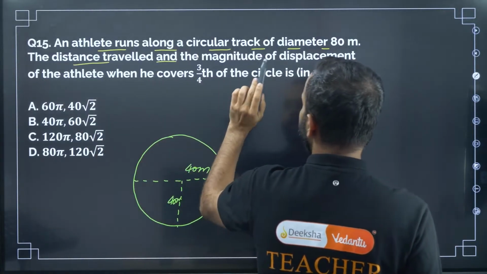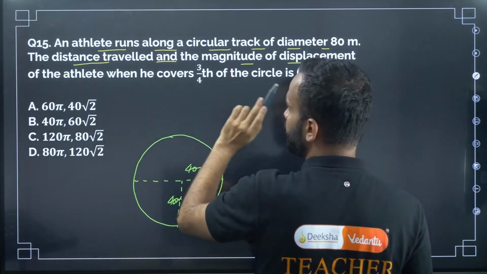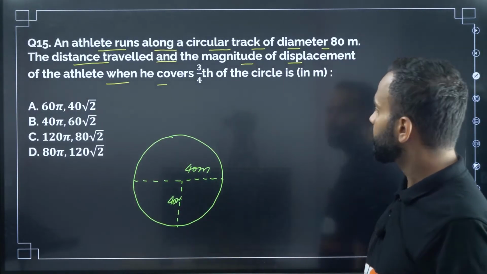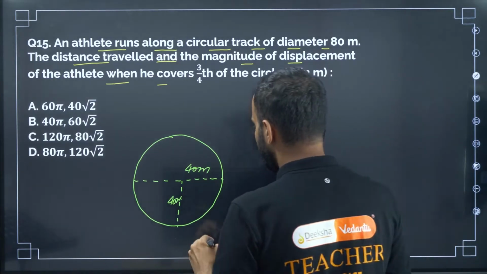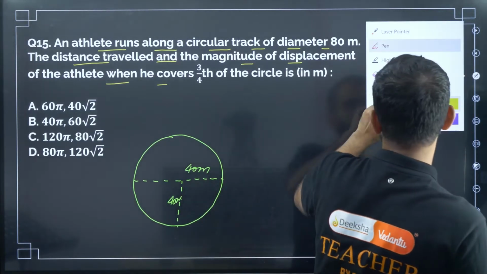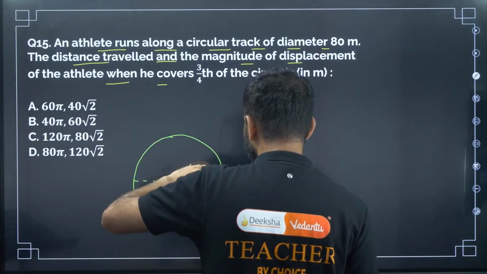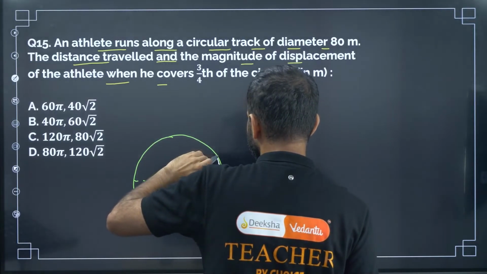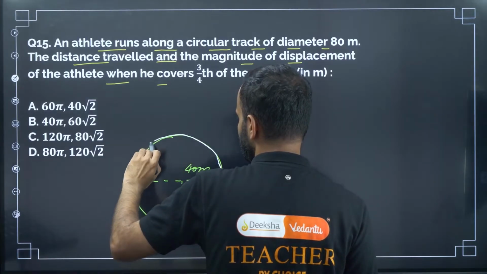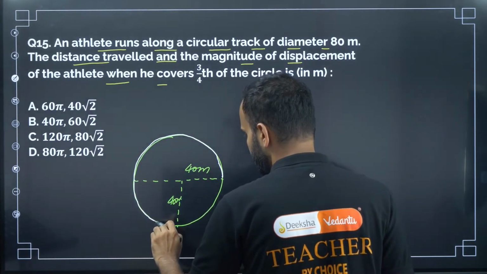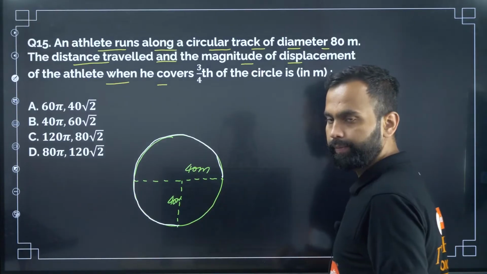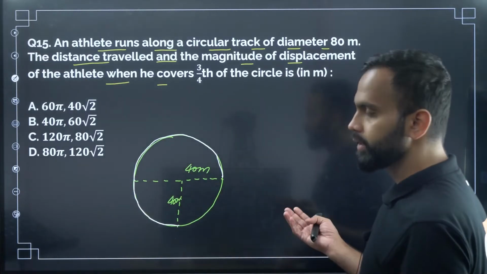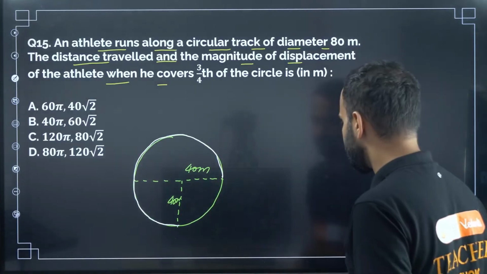The distance traveled and the magnitude of the displacement of the athlete when he covers 3 by 4th of the circle. He covers 3 by 4th of the circle, this much. So when he covers 3 by 4th of the circle, we need to find the magnitude of the displacement and the distance.